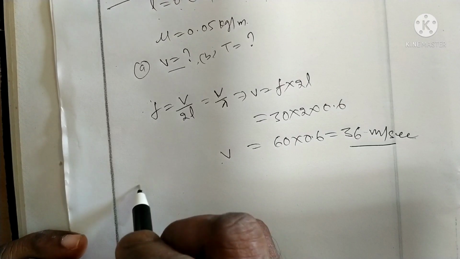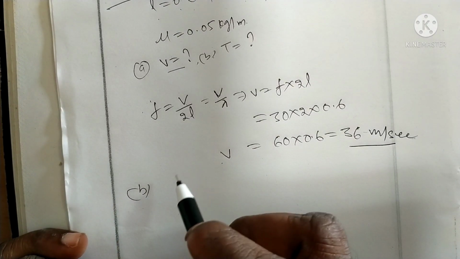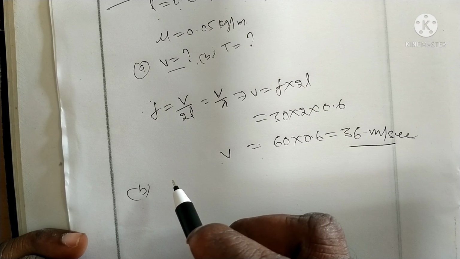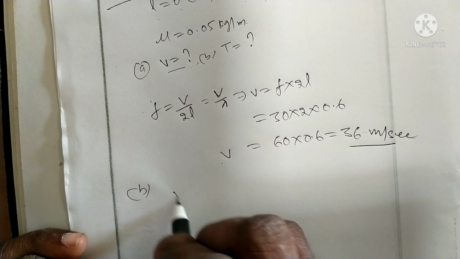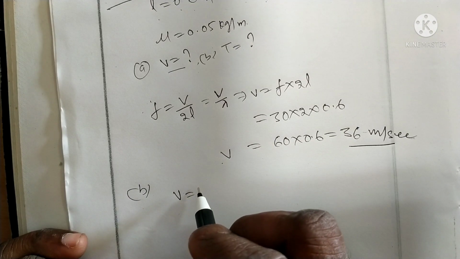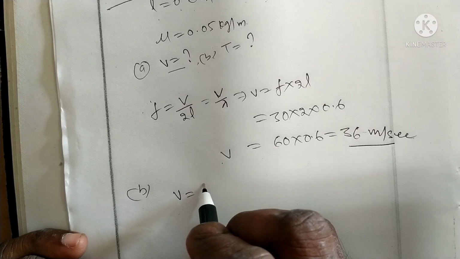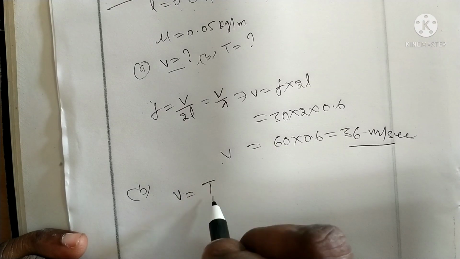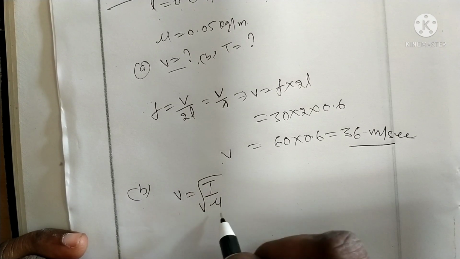Now the next problem is, what is the tension in the string? What is the relation? The speed of the transverse wave is V equal to the square root of T by mu.